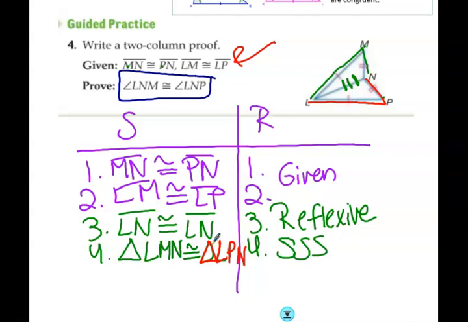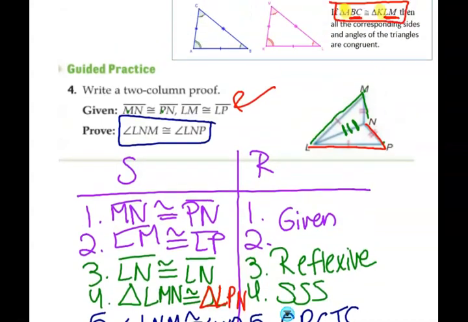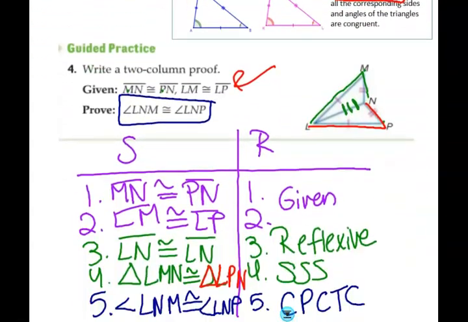Woo! Now that I proved that, I can prove that these angles, LNM is congruent to LNP, because of my fancy little letters: C, P, C, T, C. Corresponding parts of congruent triangles are congruent.